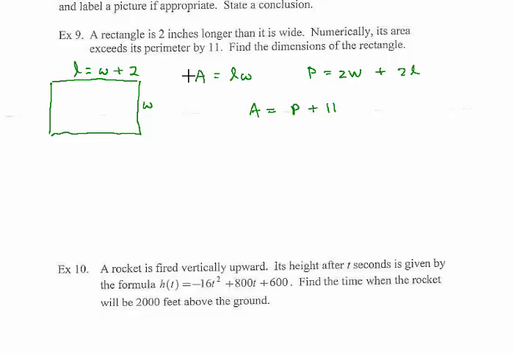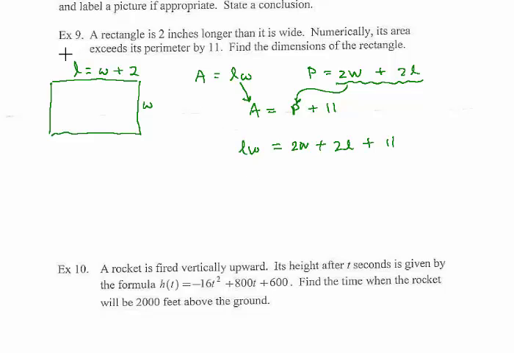three formulas together. First, since A equals LW, we'll replace the A here in our equation A equals P plus 11 with LW. P will be replaced with this expression, 2W plus 2L plus 11.